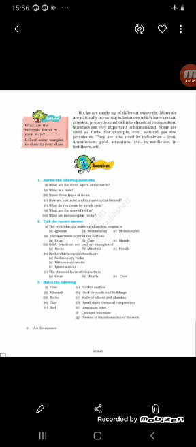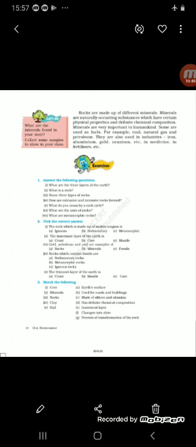Some minerals are also used as fuels. Fuels means materials burned to produce heat or power. So minerals are used for so many purposes.